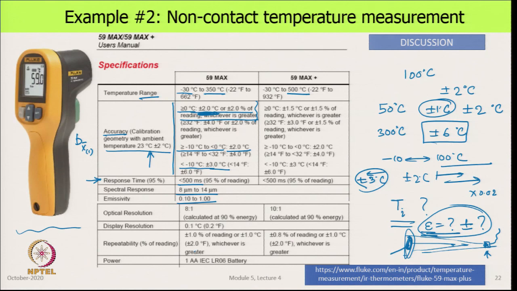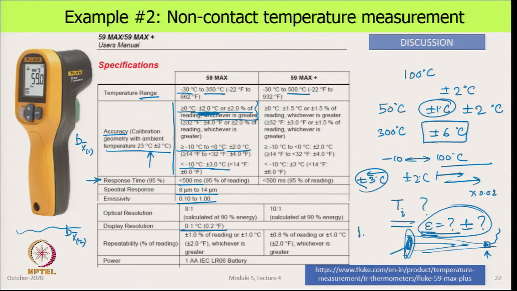Then there is optical resolution, display resolution 0.1 degrees Celsius. So, that is our display. Whatever signal came to the display, it used its own algorithm to decide what number it should display, and so this is the second source of systematic standard error.